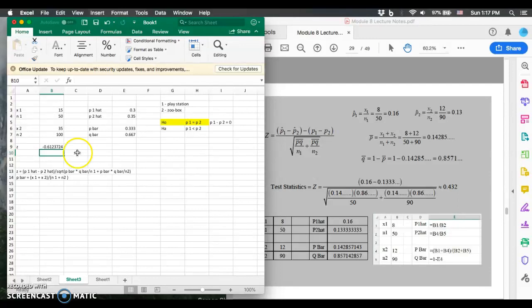Once I have the z-score, I got negative 0.6123. I'm also going to align it to make it less.